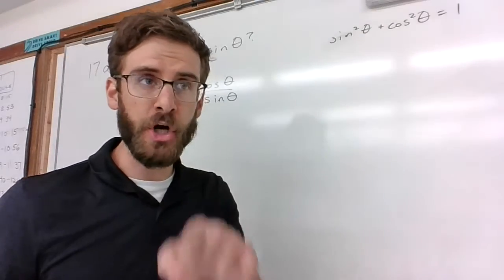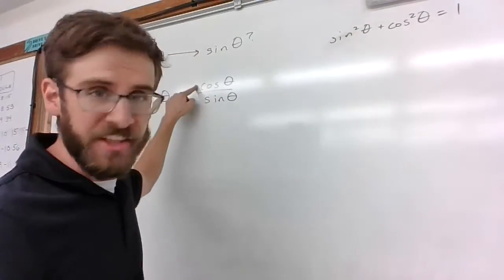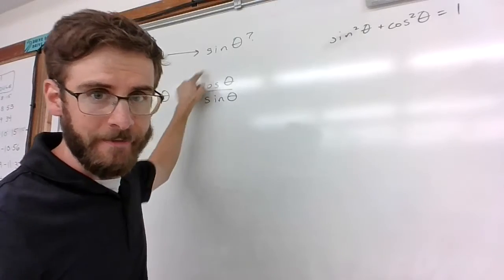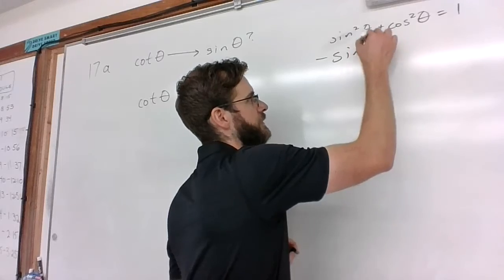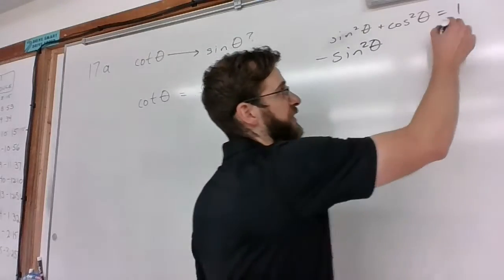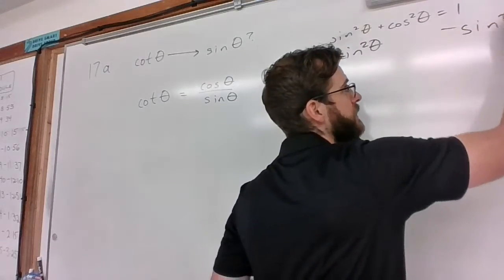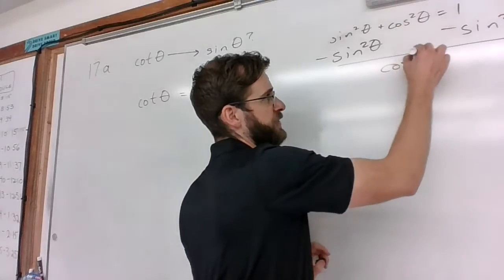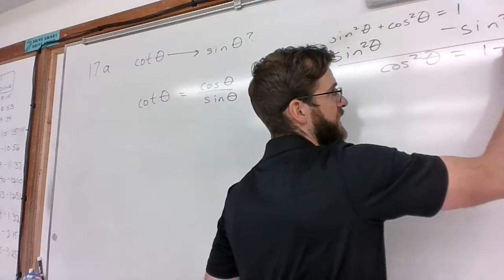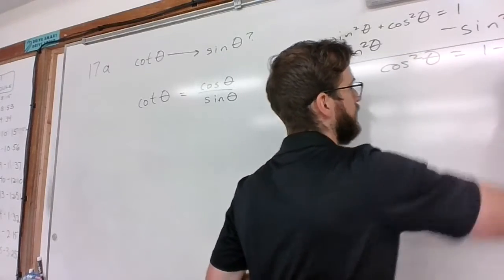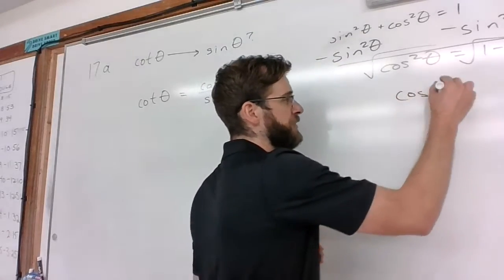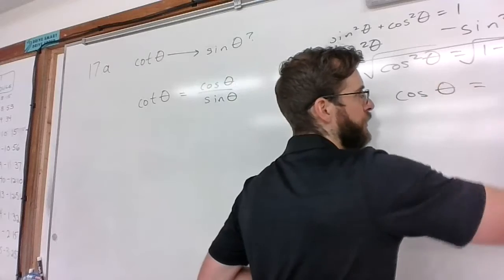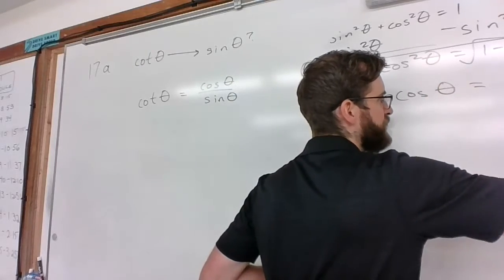What if we solved for cosine and then plugged the result right in there? So you subtract the sine squared from both sides. You get cosine squared of theta equals 1 minus sine squared theta. Square root both sides, and cosine equals root 1 minus sine squared of theta.